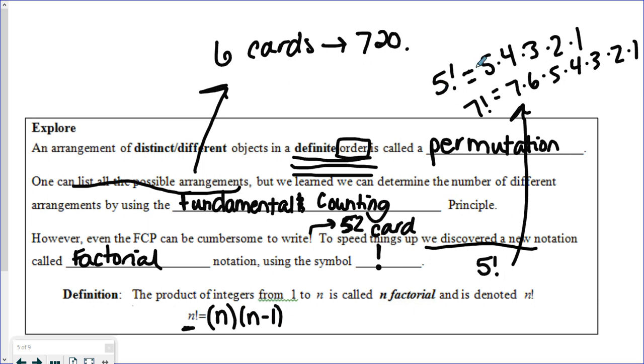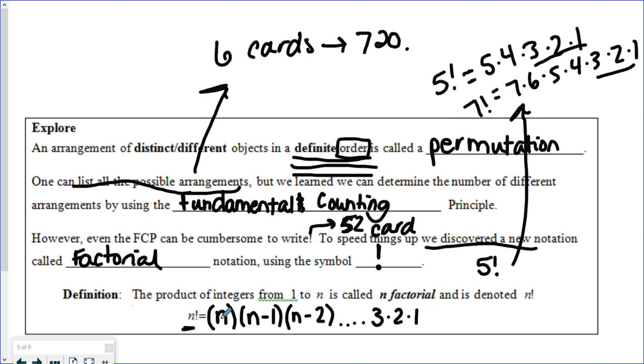So here n was 5. The next number is 1 less than 5, multiplied by n minus 2. And then that just keeps going on until we reach 3 times 2 times 1, right? That's how all of these factorials are going to end, 3 times 2 times 1.